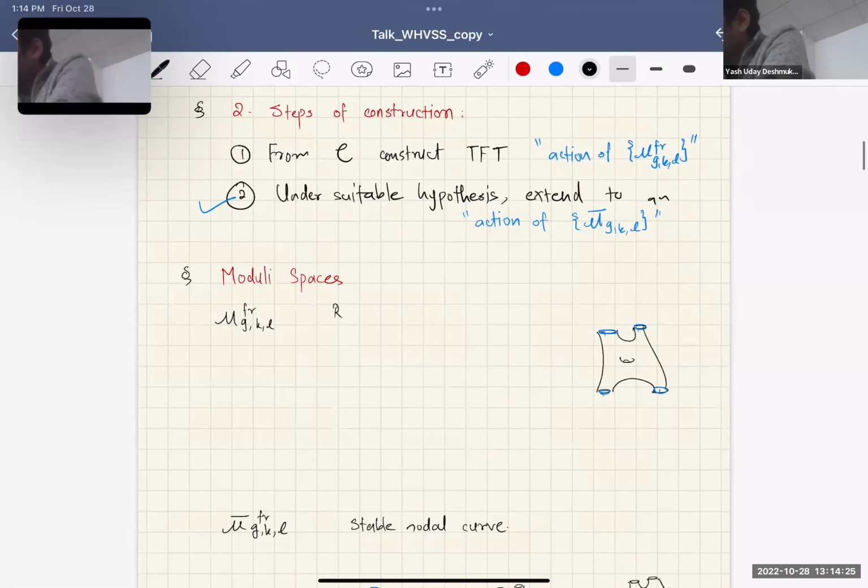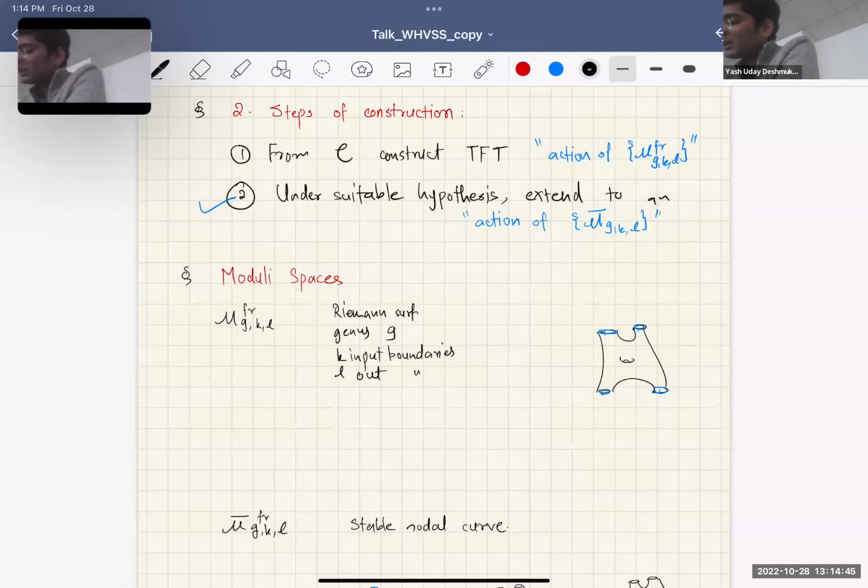Riemann surfaces of genus G. They have K input boundaries, L output boundaries.